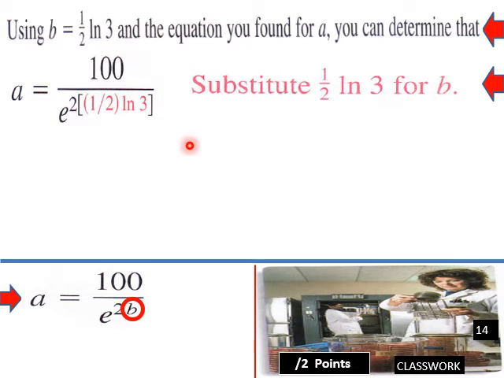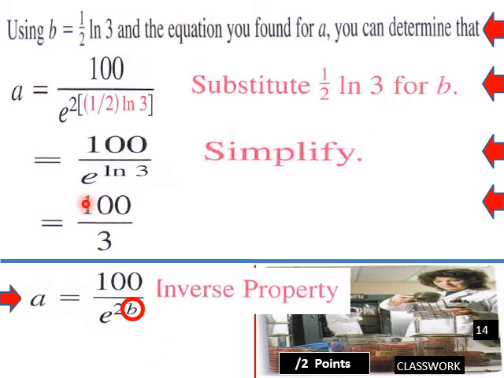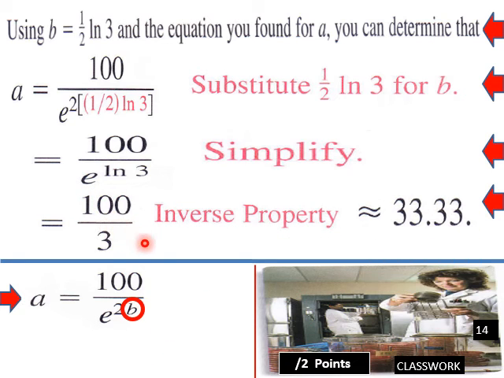So when we solve for that, we get 100 over e to the natural log 3, and when we continue to simplify that, we get 100 over 3, and that becomes 33.33 for a. a equals 33.33.